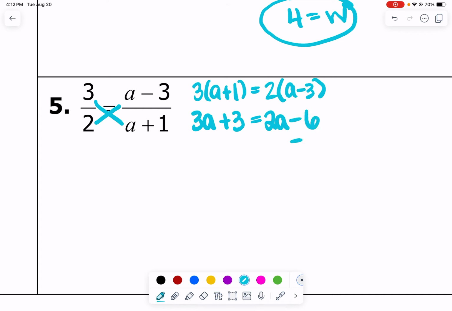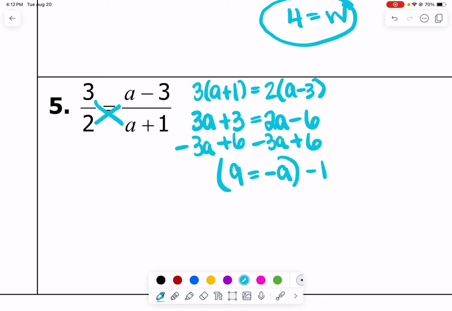I can add 6 to both sides, subtract 3a on both sides, and I get 9 equals negative a. I'm going to multiply everything by negative 1 and get negative 9 equals a as our answer.